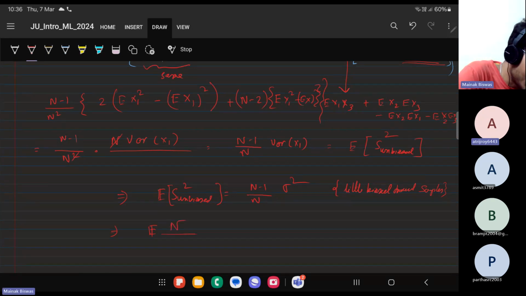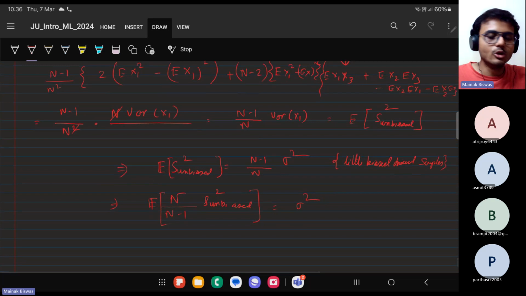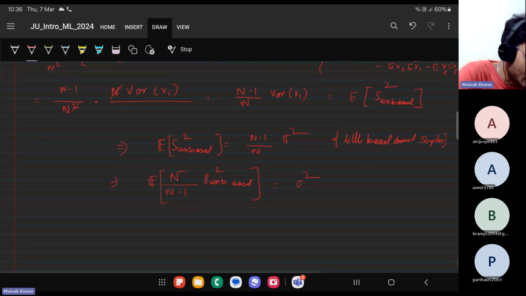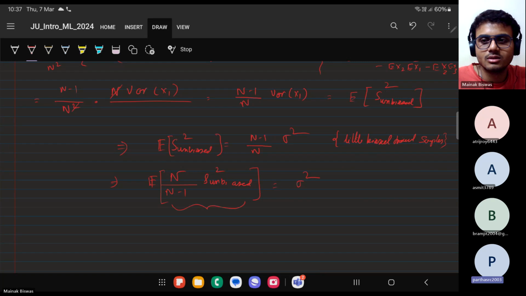Just multiply and divide. This is what you will do in your t-test, which is also in your syllabus, and everywhere you apply sample covariance. So is this biased or unbiased? It's unbiased.